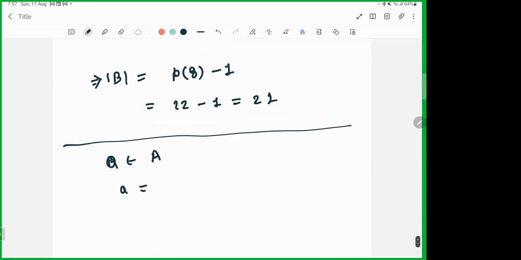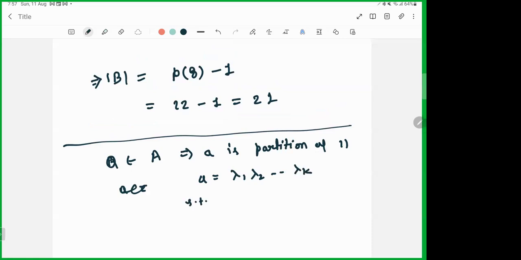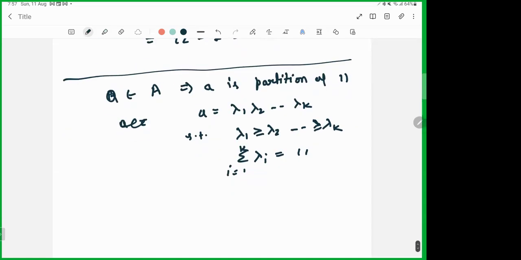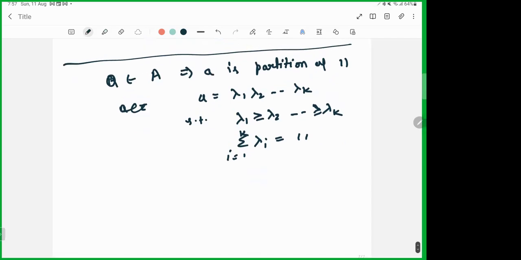So a is of the form lambda 1, lambda 2, up to lambda k, such that lambda 1 is greater than or equal to lambda 2, and so on down to lambda k, and the summation of lambda i from i equals 1 to k is 11. This is the meaning of a belongs to A. Now the condition is given that lambda 1 minus lambda 2 is at least 3.